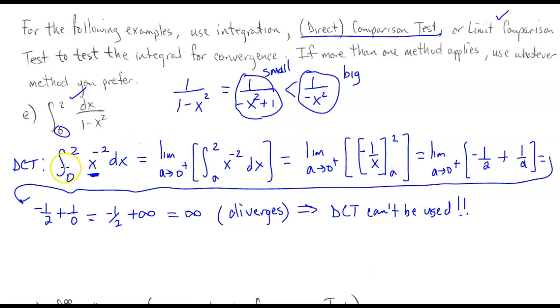So remember here that for the direct comparison test, if the integral of the big function is convergent, then the integral of the smaller one is also. But if the integral of the smaller function is divergent, then the integral of the bigger one is. And so we chose to go with the big one.